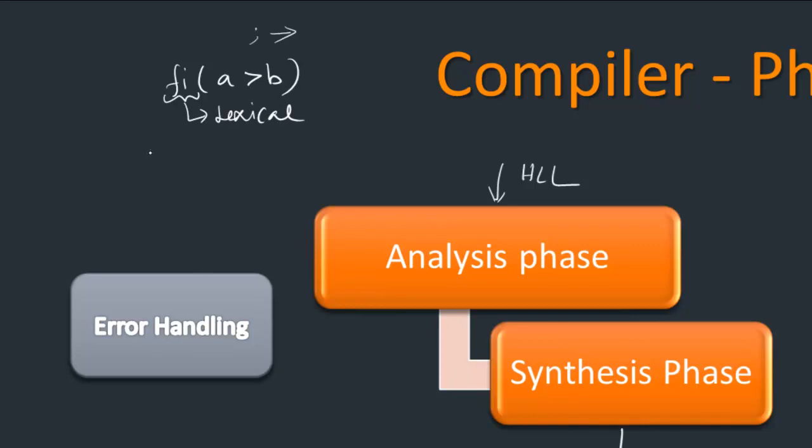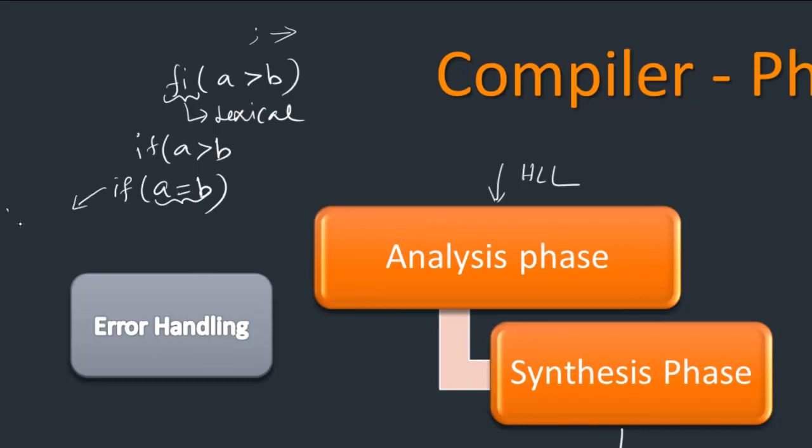In the syntax analyzer, if you check "if a > b", then it will throw a syntax error stating right parenthesis missing. Then semantic analysis, if you take "if (a = b)", this may be syntactically correct, but logically this is like assigning the value of b to a, in which case this is not an error.